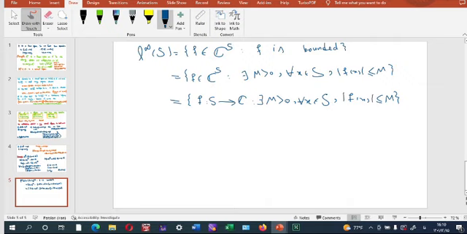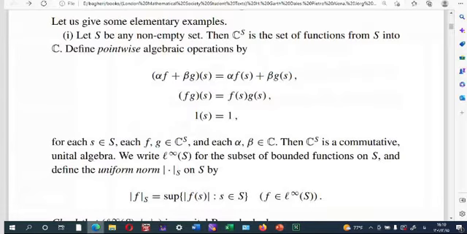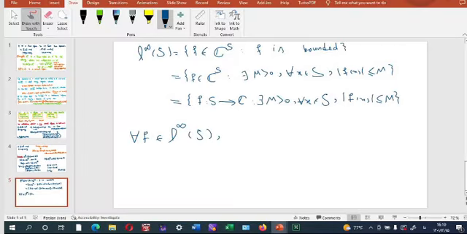For any f in L infinity of S, we can consider this norm, the uniform norm, equal to the supremum of the set of absolute values of f of s such that s belongs to S, okay?